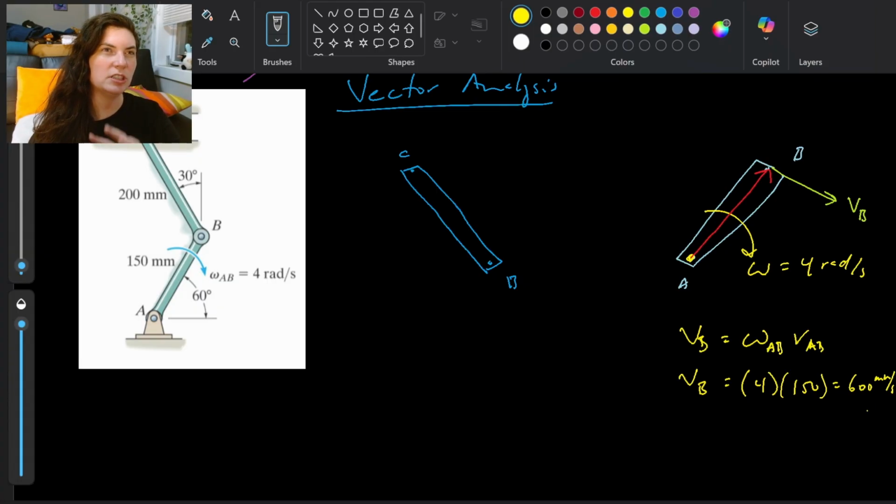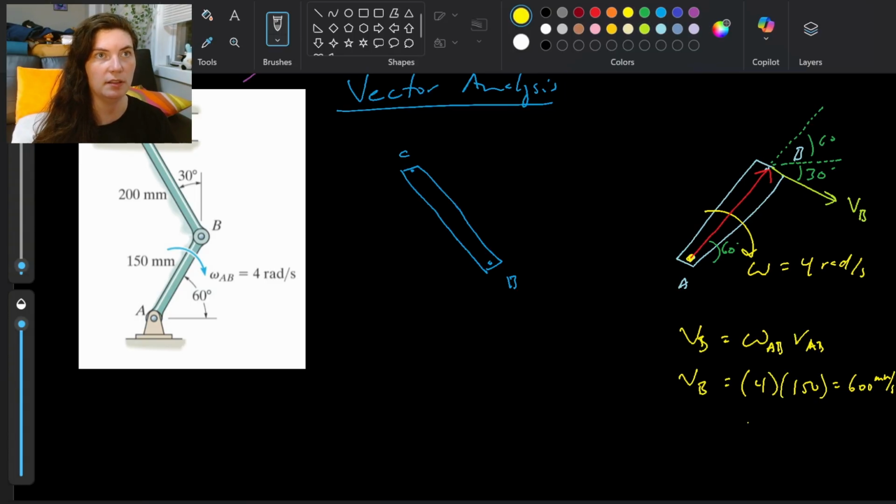Before I move that VB over into my CB diagram, I'm going to break this up into its components. Here I had this angle of 60 degrees, which means this angle would also be 60 degrees, and I know that they're perpendicular to each other, so this angle has to be 30 degrees. So I can reconcile this into its Cartesian form.